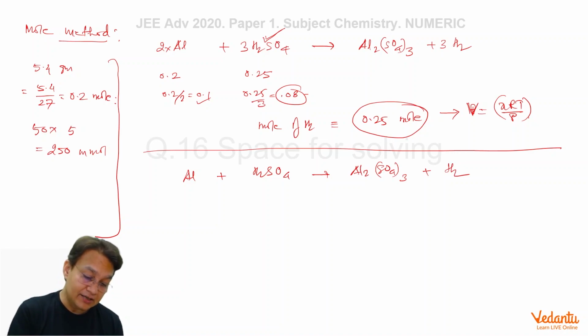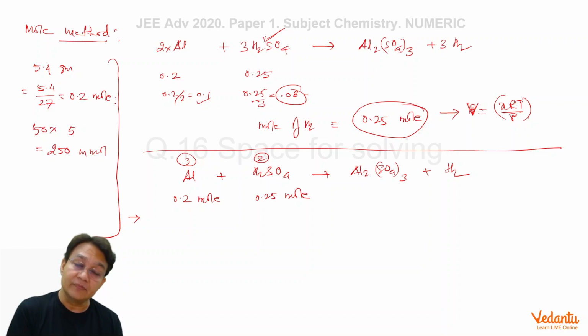As we have already seen, the n factor of aluminum was 3, the n factor of H2SO4 was 2, and we have 0.2 mole of aluminum and 0.25 mole of H2SO4. By the equivalent concept, the equivalents of aluminum will be 0.2 into 3, equal to 0.6 equivalents, and the equivalents of H2SO4 will be 0.25 into 2, equal to 0.5 equivalent.